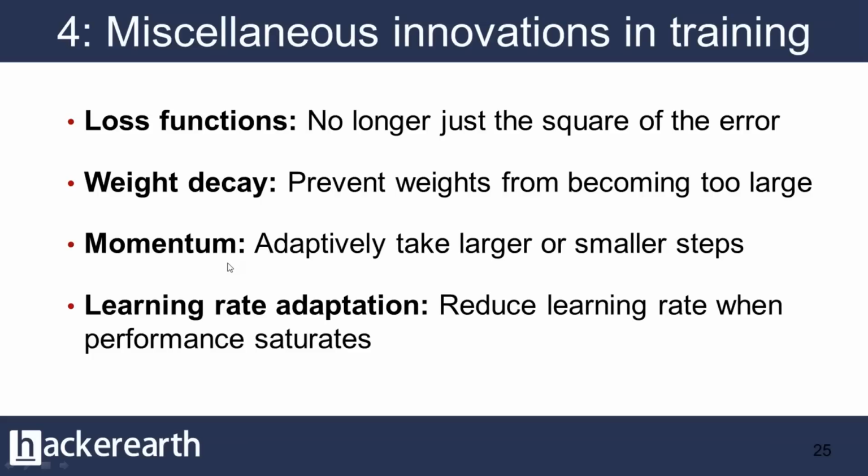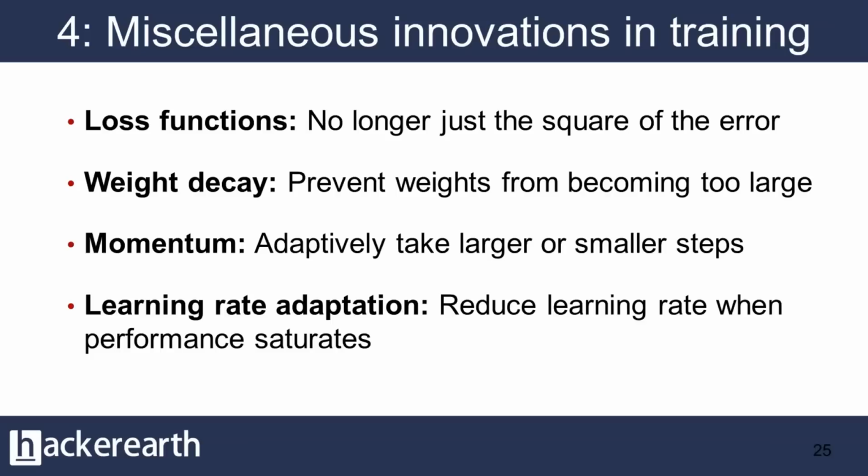And when you train, there's something called momentum that you use. There are different types of momentum, newer, fancier versions that have come through. What momentum does is this: when you are training a neural network, it is basically taking small steps to change each weight so that the error or the loss function is minimized. Now, if you take too small of a step, then you would take many iterations to train the neural network.